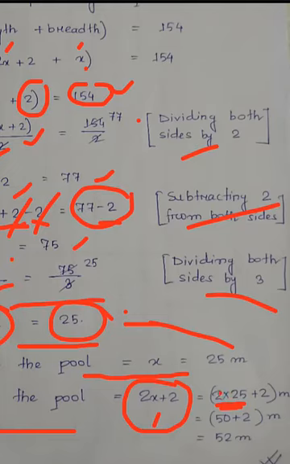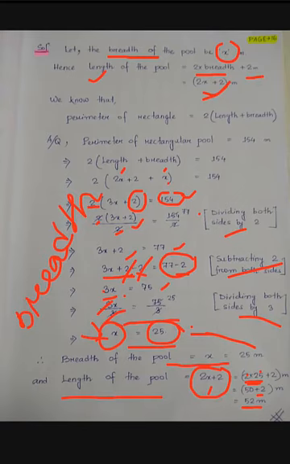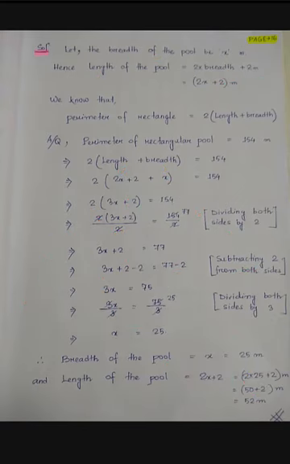Therefore 2 25s are 50, plus 2 will give you the result 52, and 52 is the length here, and that is how you have to solve this. The required answers, the length and breadth we had to find out: the breadth we got as 25 meters and the length we got as 52 meters.